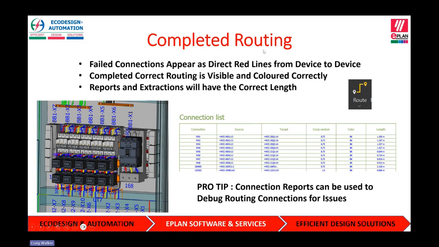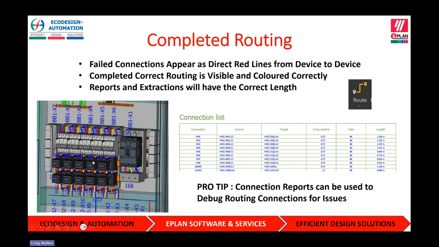So when you've completed all your routing setups, it's simply a matter of clicking on device and clicking on this route button. And what it will do is put in these lovely colored routes, as you can see here. What it's tried to do is take into every context the routing vector, the routing path, and where it's routing to. These earth bars and neutral bar at the top here are routed upwards.